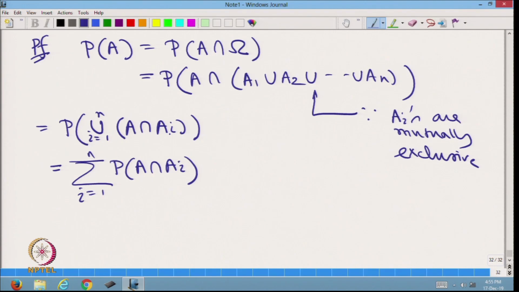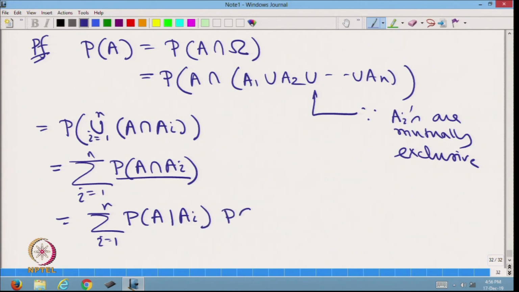This is because we have already seen that these intersections are all mutually disjoint. Now, probability of A intersection Ai we can write as probability of A given Ai multiplied by probability of Ai. So, proved.